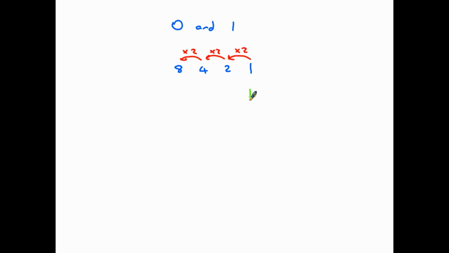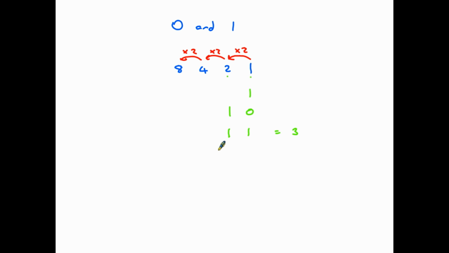What does this mean as far as writing a number? Well, if I write the number 1, that is it. It is simply the number 1. However, if I want to write the number 2, then if I put a 1 in the 2's column, that is the number 2 with nothing on the end, just a 2. If I write down a 2 and a 1, 1 in this column, 1 in this column, a 2 and a 1 is 3.